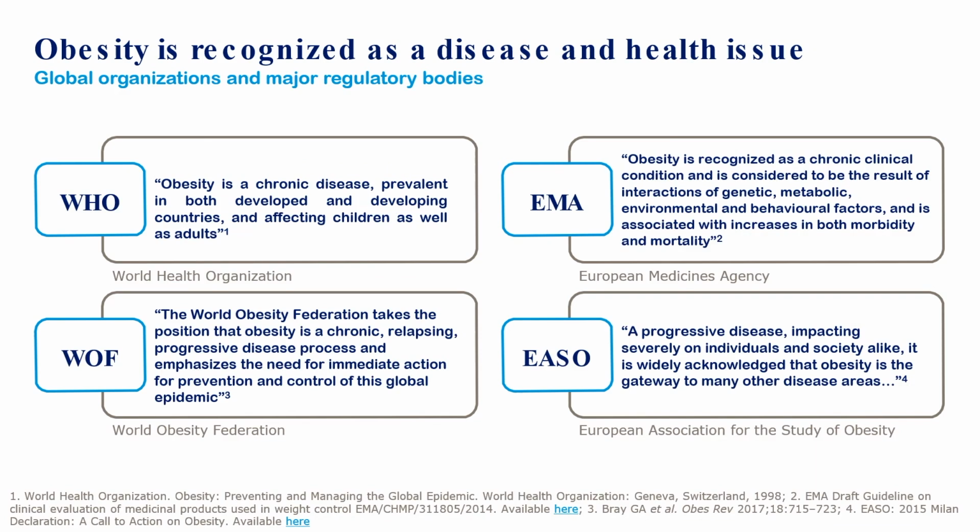Looking at global organizations and major regulatory bodies, the World Health Organization, the European Medicines Agency, the World Obesity Federation, and the European Association for the Study of Obesity all agree that obesity is a recognized chronic clinical condition. There's an association of genetic, metabolic, environmental and behavioral factors, which has an association with both increased morbidity and mortality.